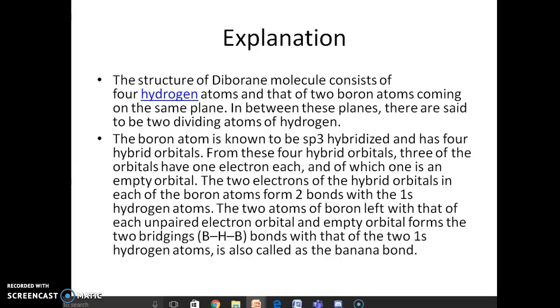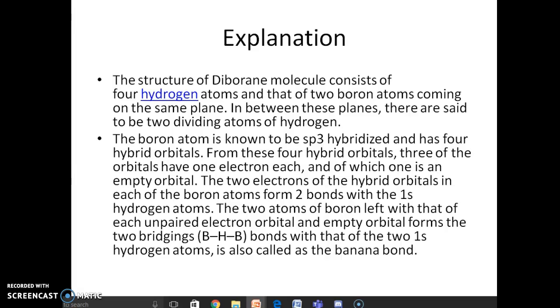The boron atoms present in diborane are sp3 hybridized, and they have 4 hybrid orbitals. Of these 4 hybrid orbitals, 3 have 1 electron each, and there is 1 empty orbital also.